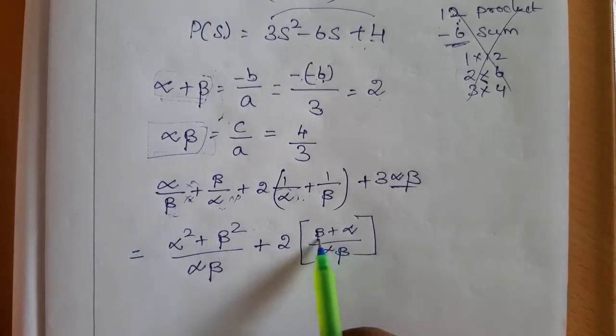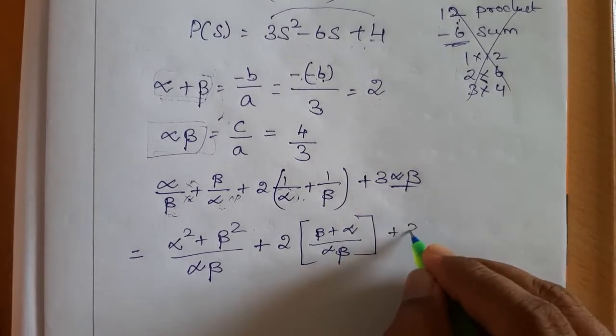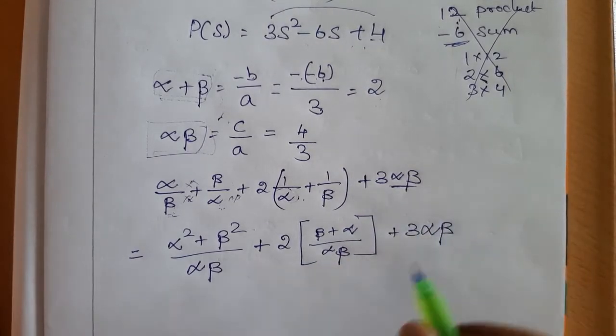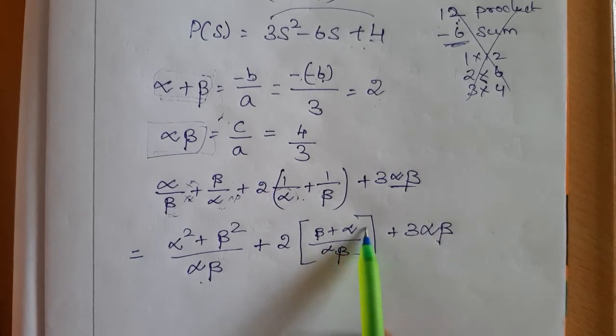Here you get the sum in the numerator and the product in the denominator. We can directly substitute here, but we'll substitute later. First we will change the entire expression into the sum and product of alpha and beta. So here it's a product, here is a product, here is a product, and here is a sum.